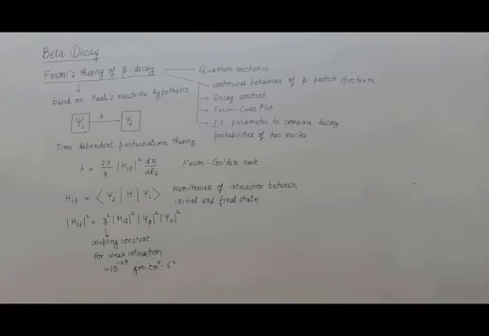What is this MIF? MIF is the square modulus of the matrix element of interaction between the initial and final state of the nuclei.